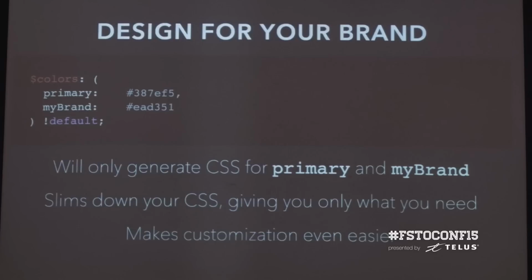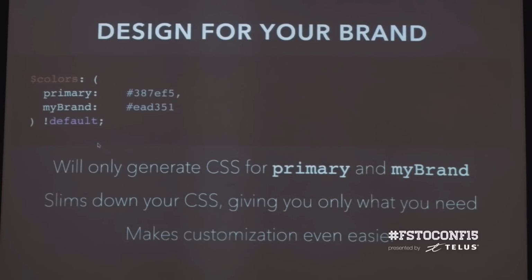But this is also great for trying to define your own brand colors. So the primary color, I've kept it as a nice blue, because I think blue is a pretty good color. And then I created my fictional brand that has the color of a bright neon yellow, because blue and yellow go great together for readability. And whenever I take the Sass and generate the CSS, I'm only going to get those 2 colors.